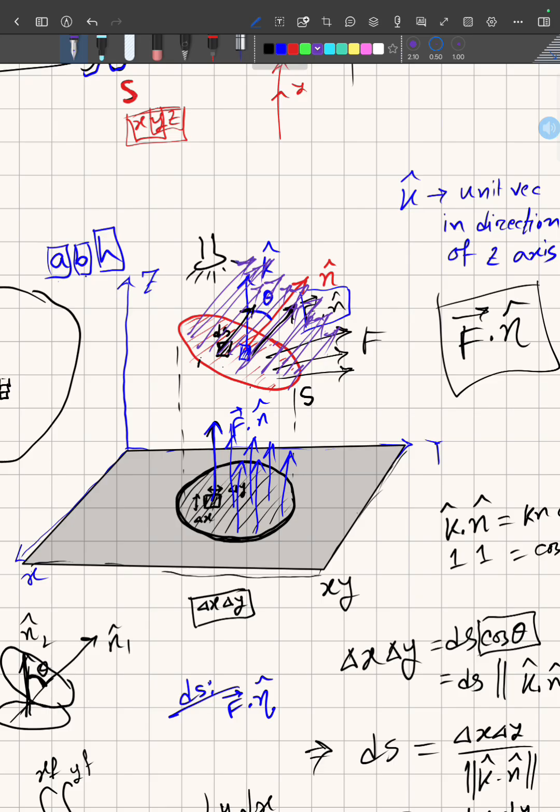This purple, or violet, color is actually these blue color lines. The amount of purple lines here is equal to the amount of blue lines here. So we just shifted the orientation of our surface entirely and parameterized it in x and y terms to better integrate it, taking the upper limits and lower limits. And that's how we calculate the flux.